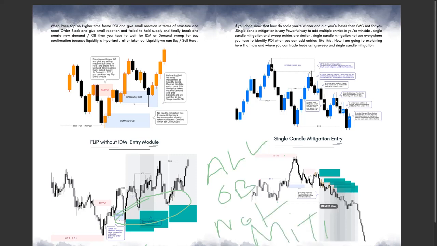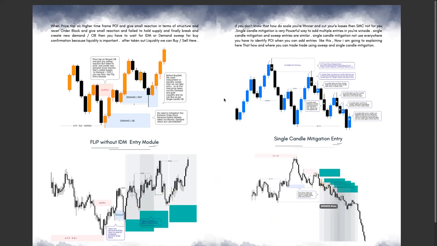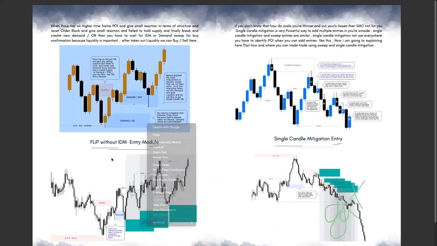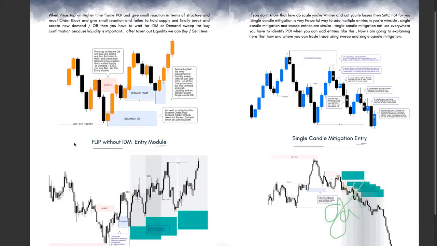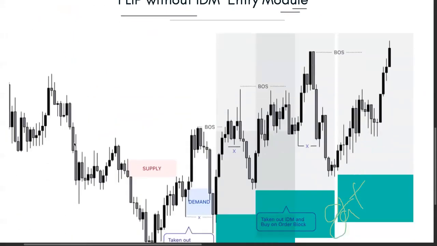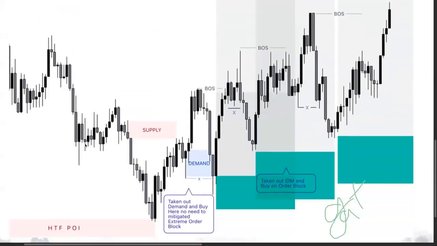All order blocks not mitigated. Okay. At this point, what happened here? Look at this one.